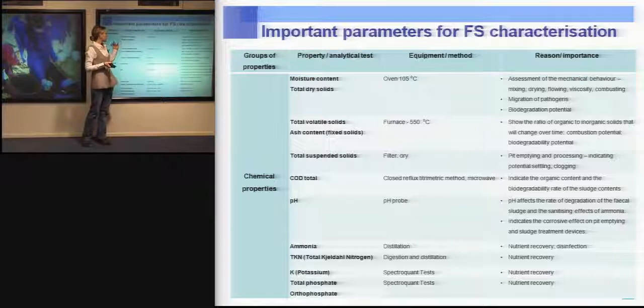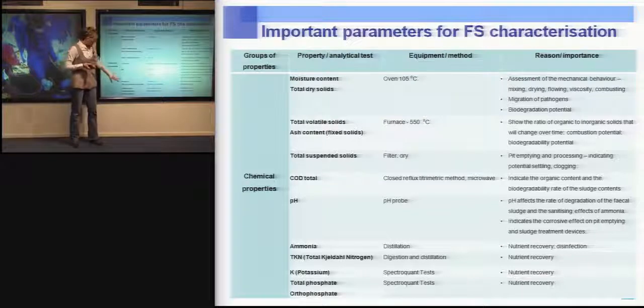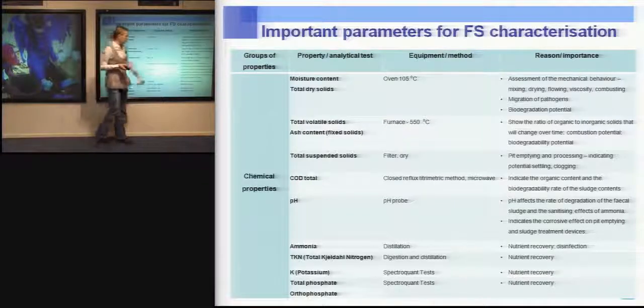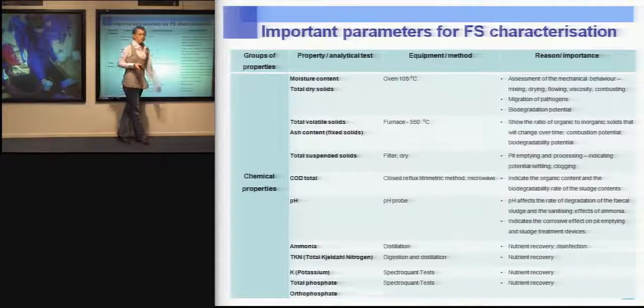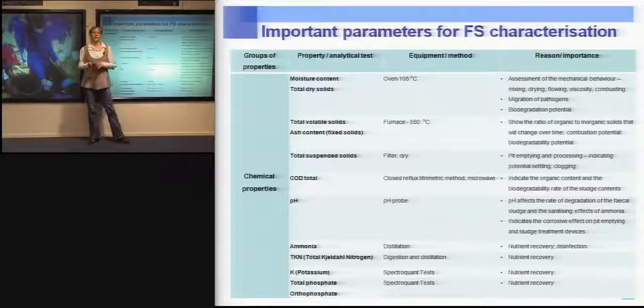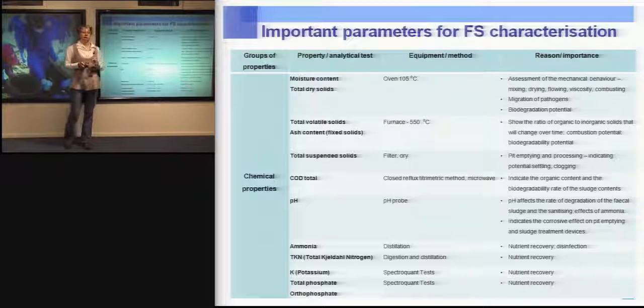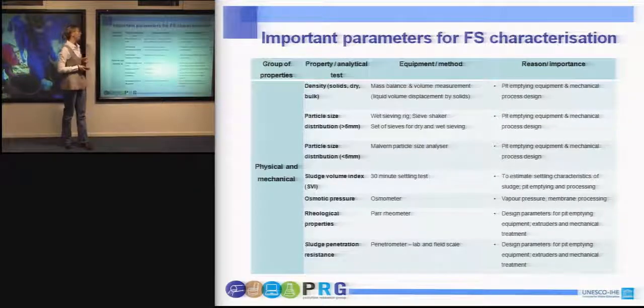And also, it's a good indication about the potential migration of pathogens. If, for example, we take the ammonia, TKN, phosphates content, and potassium, this gives us the potential nutrient recovery values, given that the fecal sludge has been treated for pathogen inactivation.